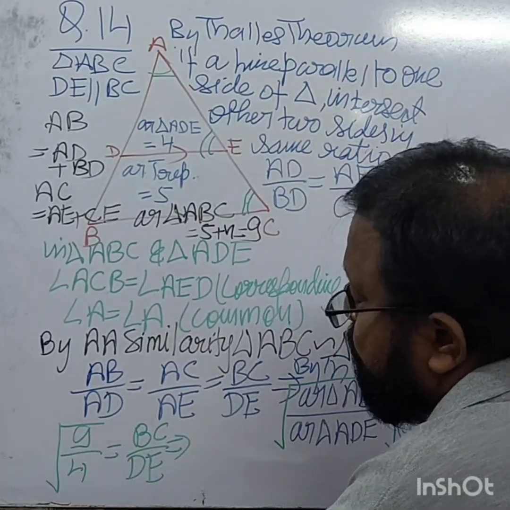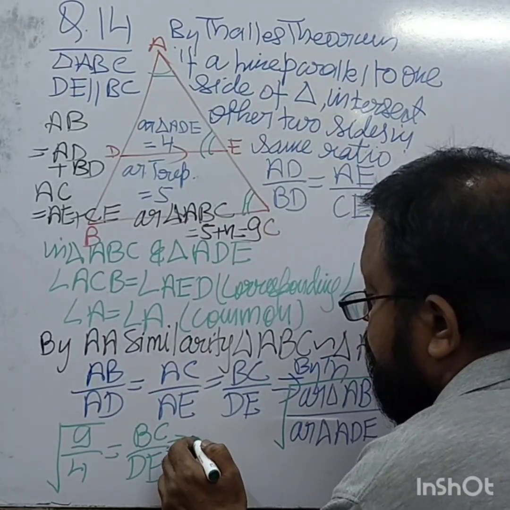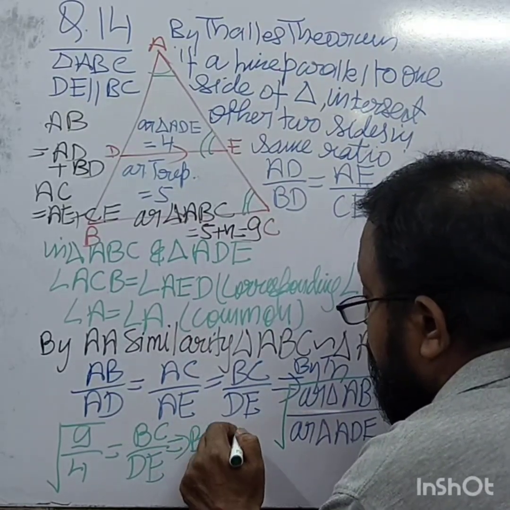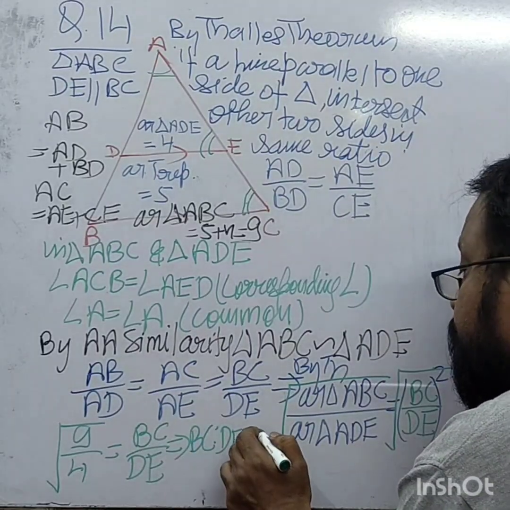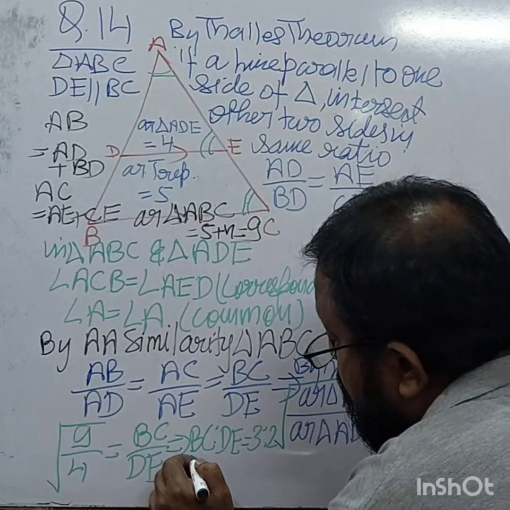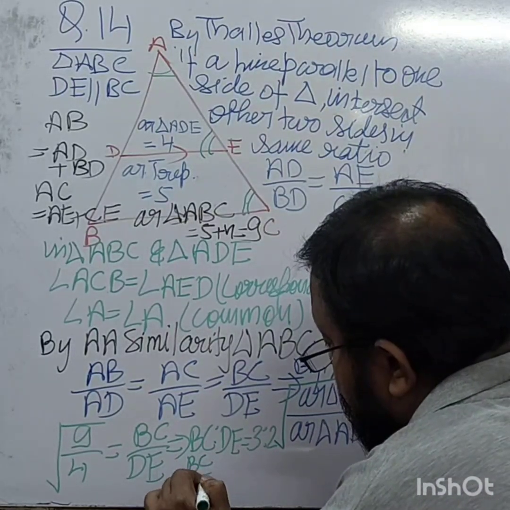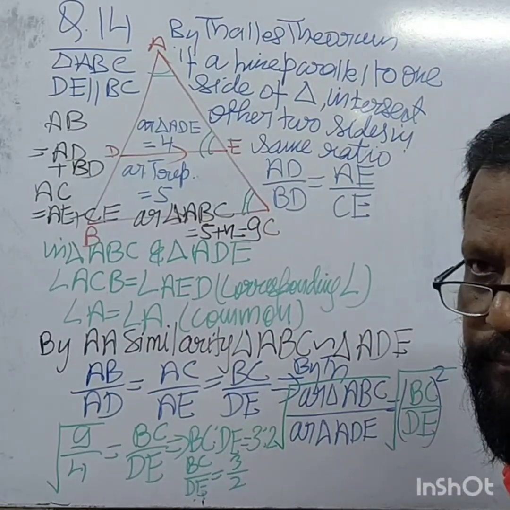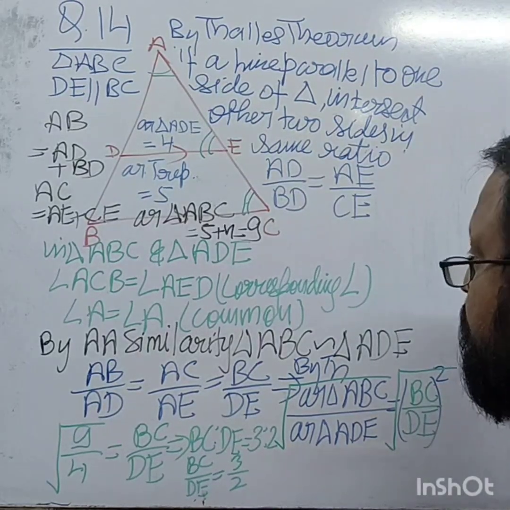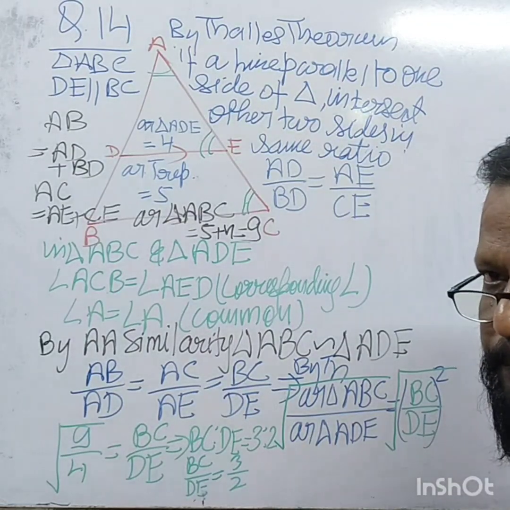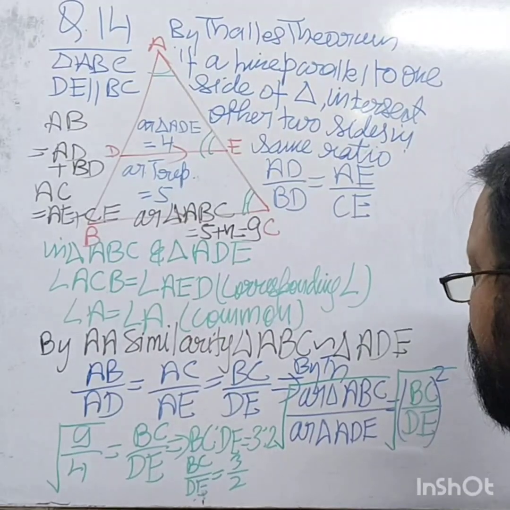So BC upon DE is equal to 3:2. What is your answer? Ratio 3.